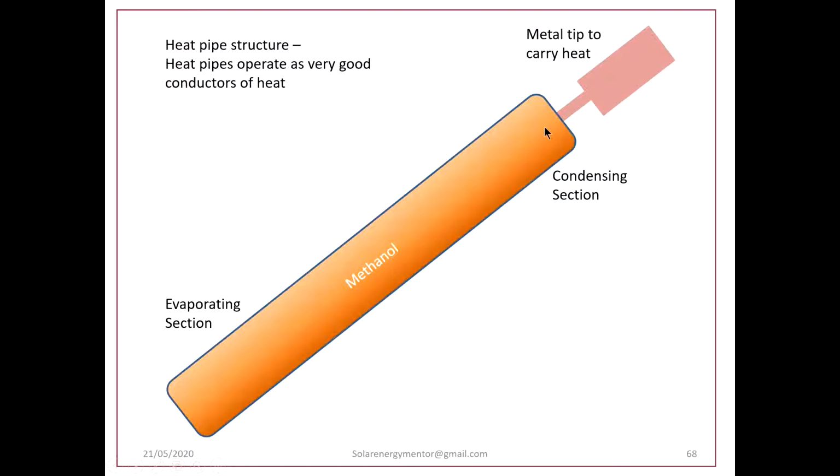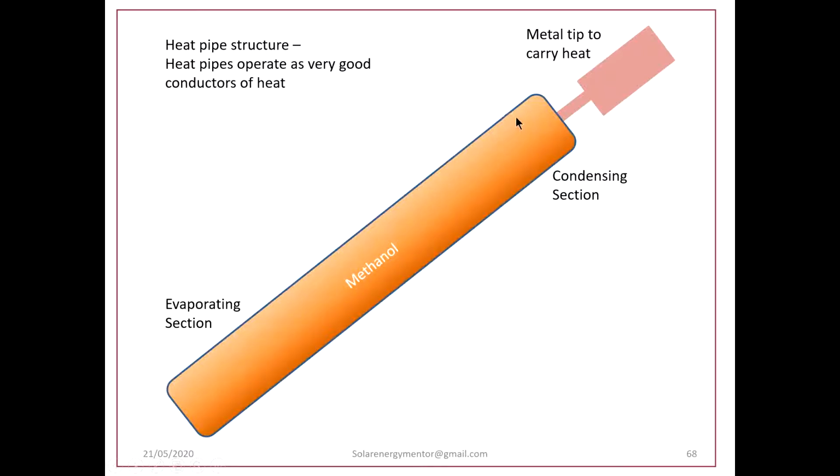Now this pipe is sealed. The operation of the heat pipe is like this. Suppose heat is supplied at the end of this pipe, so heat is received by the pipe here. The fluid, say methanol, gets evaporated, so this becomes the evaporating section. In the evaporating section, the heat pipe fluid receives the heat and evaporates, and the vapors, due to change in density, move upwards.